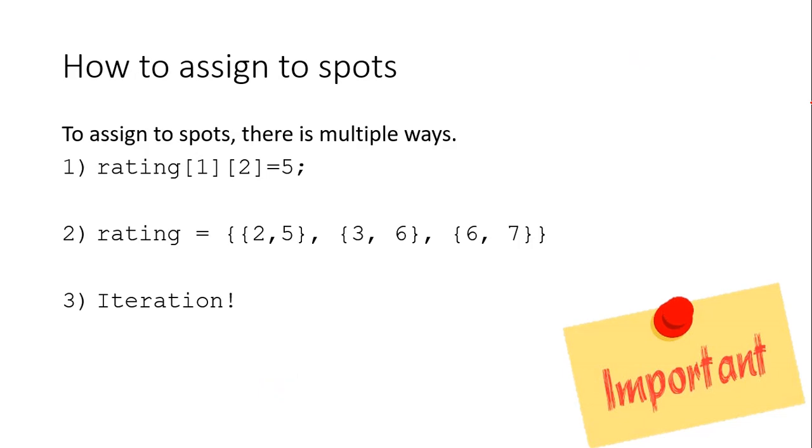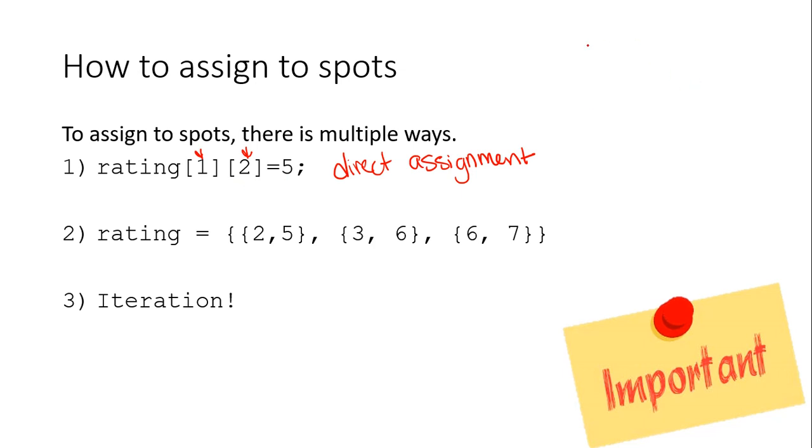Now, how do I assign spots? How can I put things into a 2D array? Well, multiple ways. I can direct assign, so this is in my direct assignment abilities. We talked about that a couple slides back. So this would be me assigning row 1, column 2's spot 5.